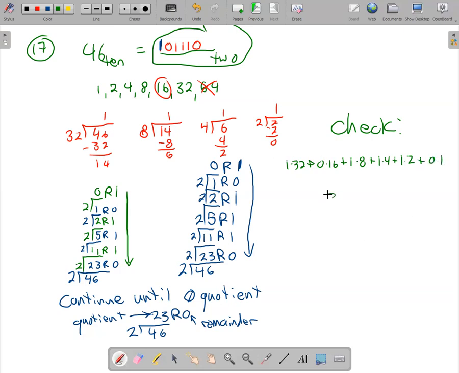So that's going to be 32 plus 8 plus 4 plus 2. So that's going to give me 10, 16, carry the 1, 1 and 3 is 4. Yep, 46. So I have the correct base 2 or binary numeral.